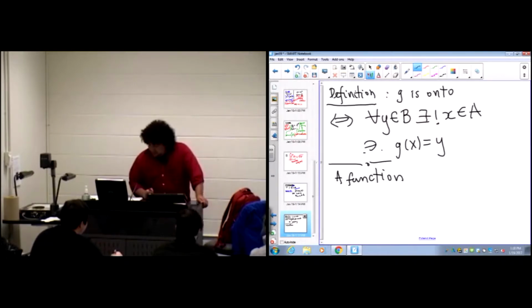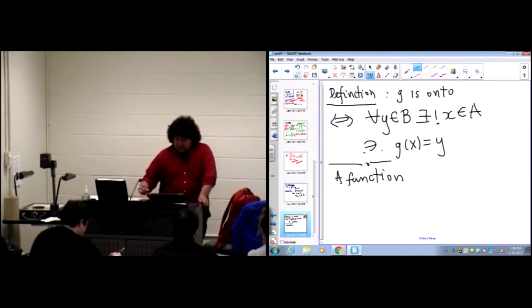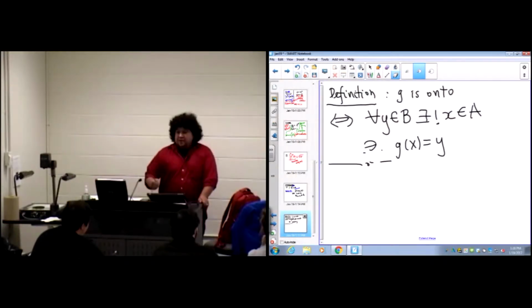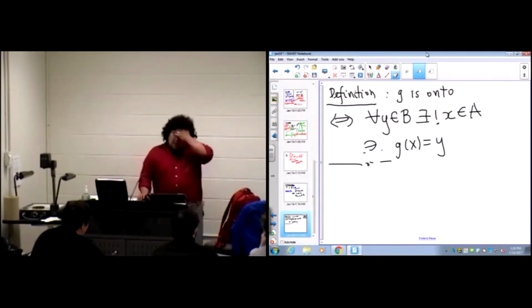This is sometimes simpler with the horizontal graph test. Let me repeat it, okay? And before I repeat it and do a graph, before I write the inverse.